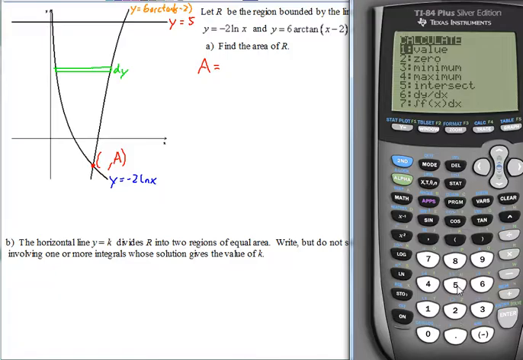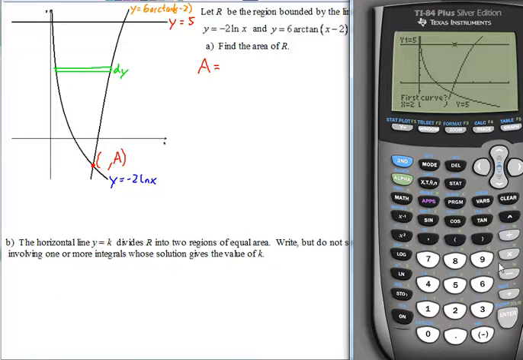So second calc, number 5, intersect. First curve, don't choose y1. Down arrow, so it's negative 2 natural log of x is intersecting y2 with y3, 6 arctangent of x minus 2, and guess.